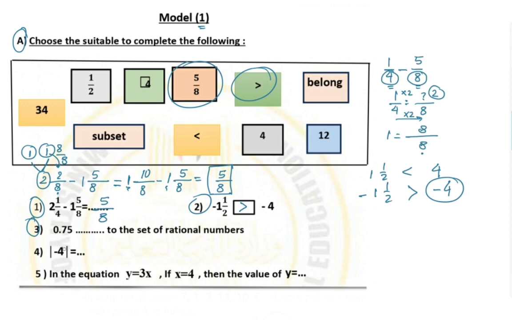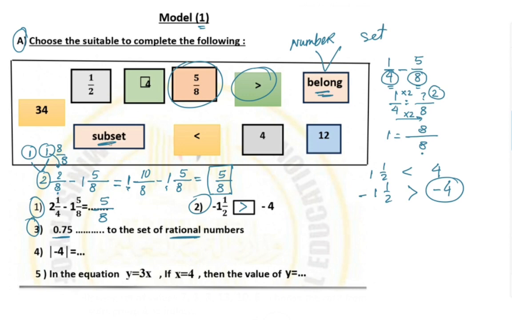0.75 to the set of rational numbers. Note with me, this is a decimal number and we have the set of rational numbers. Belong or subset. We know that I use belong between what? Just a number and a set. We use belong or doesn't belong.